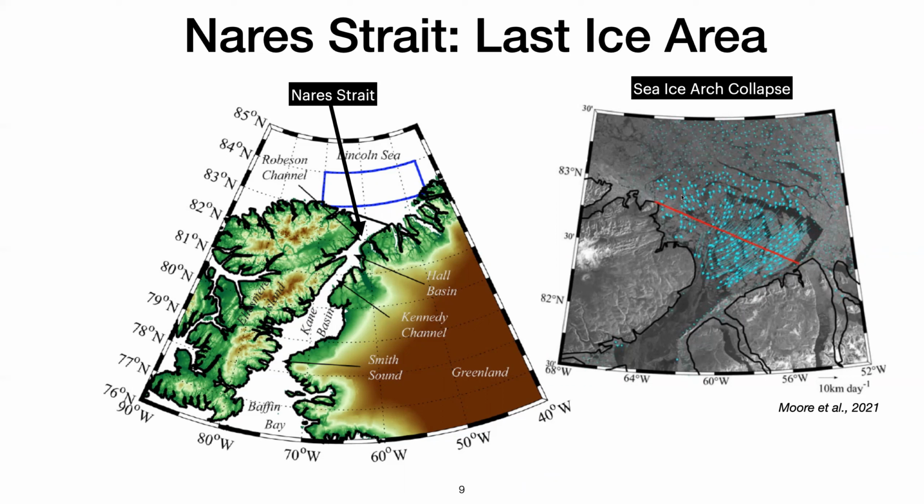Basically, this paper studied satellite pictures and how, as oceanic forcing, temperature forcing, and atmospheric storm forcing started affecting the free stress boundary conditions of these arcs that form at the entrance of the strait, you had a collapse and flow of sea ice into the strait, and the complete loss or erosion of the monolithic sea ice that was initially present here.